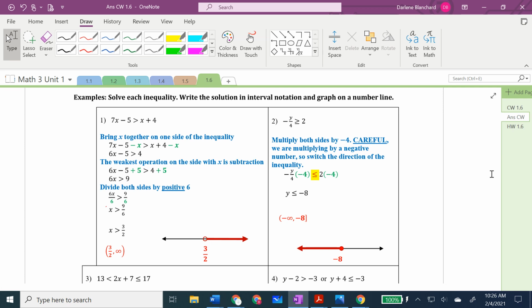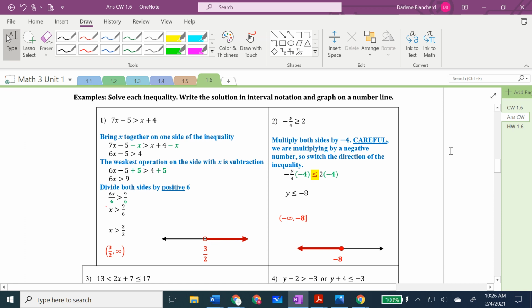When you write your answers on a number line, just write the number orders anywhere you want. Now with number 2, that one you do have to be careful with. I'm multiplying by a -4 to isolate that y.